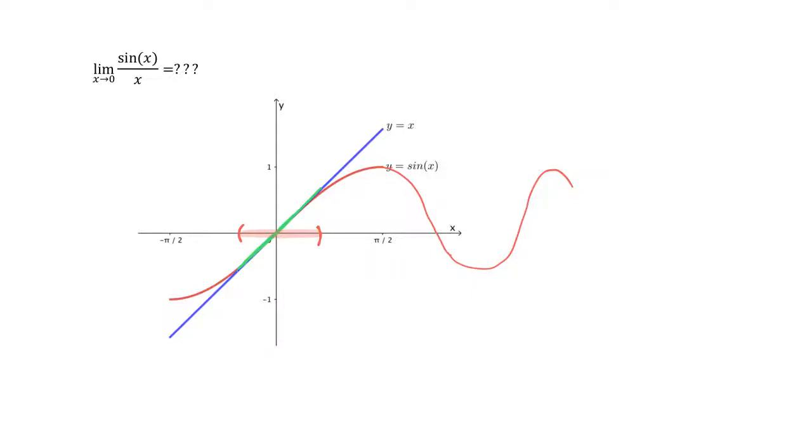But please, I keep emphasizing around 0, because as soon as you move away sufficiently from 0, the line y equals x continues all the way up, and notice how it moves farther and farther away from the sinusoid.